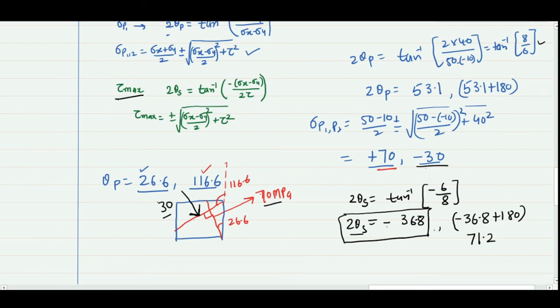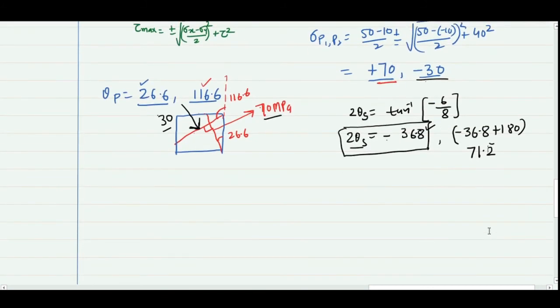When I represent these two values on my stress element, let's see how it looks. This is my stress element, and we always measure the angle in the counterclockwise direction from this vertical side, but here we have a value of theta s of 18.4, and the second value, sorry, it will not be 71.2, it will be 71.6.